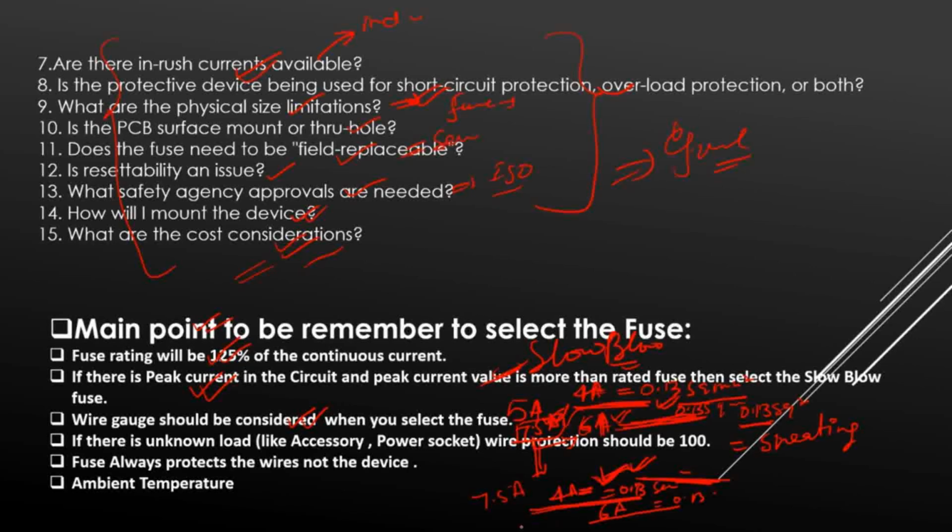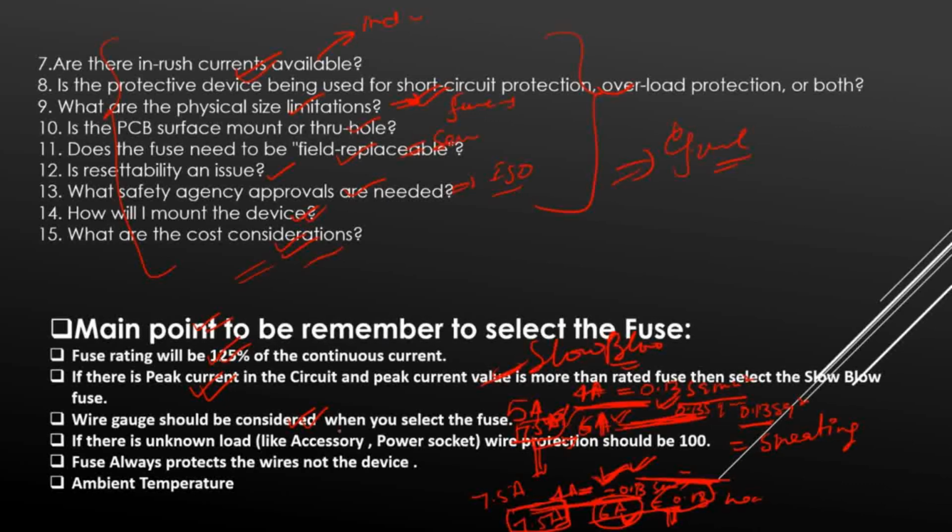Here you have used a 7.5 ampere fuse, but this wire is getting heated due to the 6 ampere of current. Your fuse will not blow in this condition because your current is lesser than 7.5 ampere, but your wire will be damaged due to the heating effect. So in this case, when 6 ampere of current is passing, you have to increase the wire gauge. You have to consider all these things, or the peak currents.